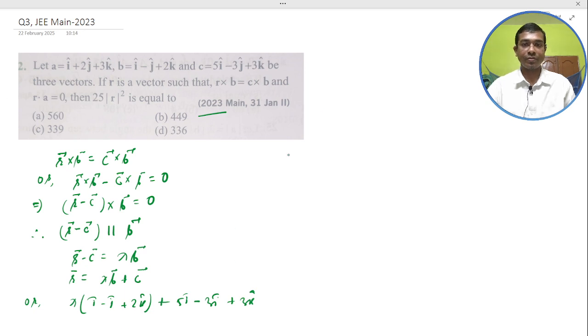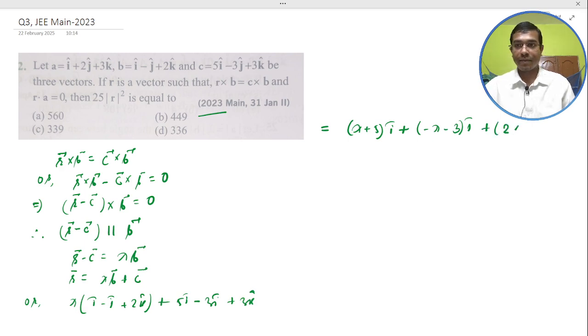Okay, that is equal to (lambda plus 5)i plus (minus lambda minus 3)j plus (2 lambda plus 3)k. Also, it is given that R dot A equal to 0.